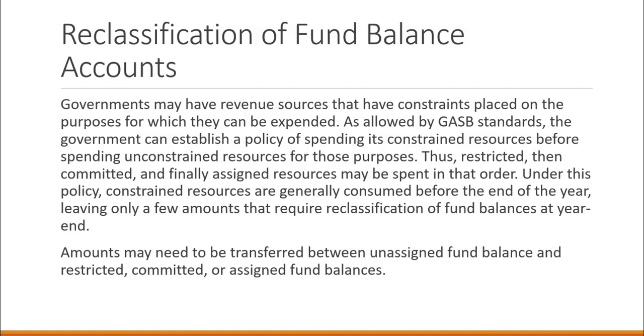But anyway, we have $1 million in this grant. So what that says is we have to spend that $1 million from that grant before we can spend general city resources on that same project. So that's where our constrained resources have to be spent before any unassigned balances can be spent.